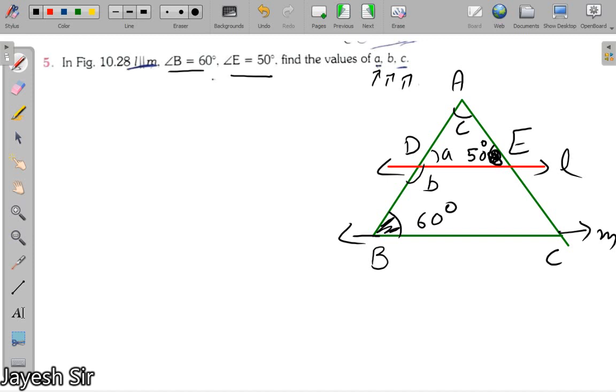Okay, so now what we do is, in this exercise and all the coming exercises, we are going to use vertically opposite angles, the properties of parallel line angles: co-interior angles, corresponding angles, alternate interior angles. We will use linear pair, angle sum property, and exterior angle theorem.